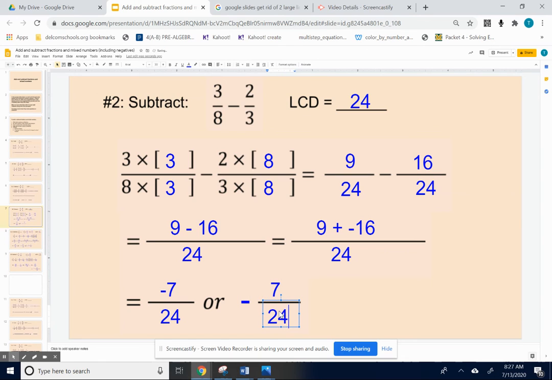That's exactly the same thing. It just looks a little bit different. I actually prefer the first way, negative 7 over 24. Keep me posted if you have questions on these.